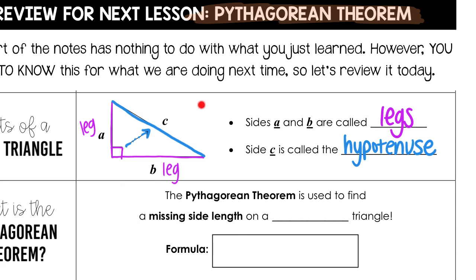And typically with right triangles, they usually use these letters to label the sides. A, B. A and B are going to be the legs, and it doesn't matter where they are. You could have done it the other way around. You could have done B, A. It doesn't really matter. C though, C is very important. C is only used to label the hypotenuse. So that's super important. C is always going to be our hypotenuse label.